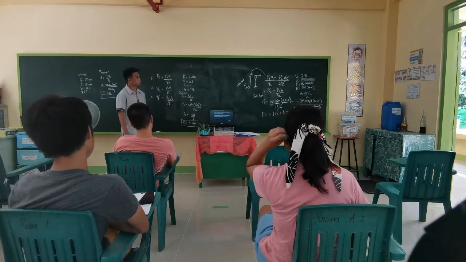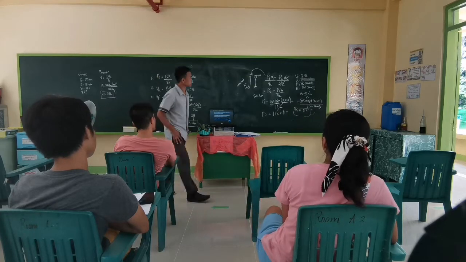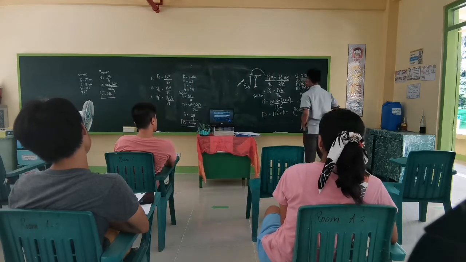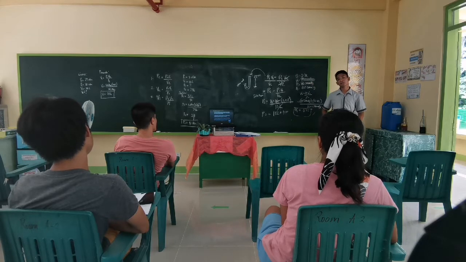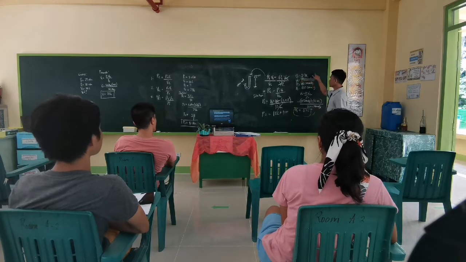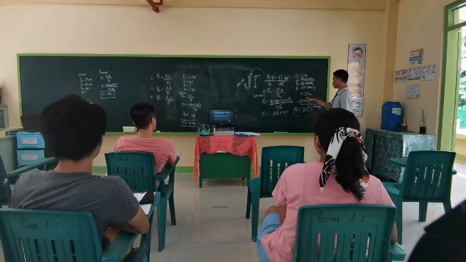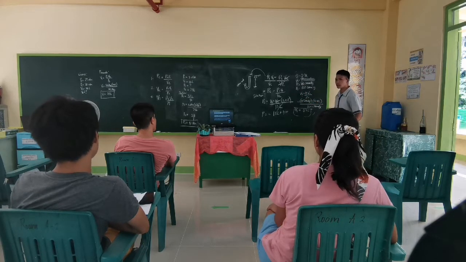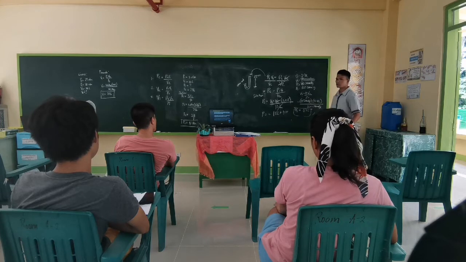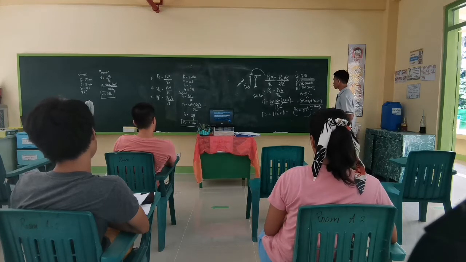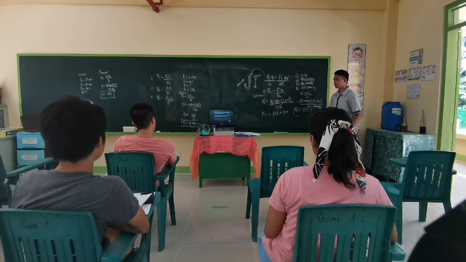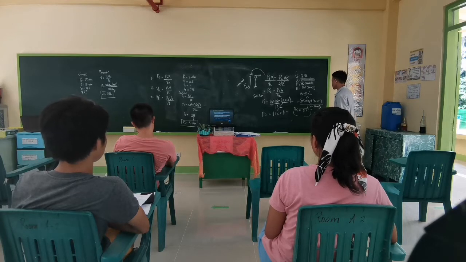How about for number 2? Okay. For number 2, we are looking for the final volume. The final formula is the final volume is equal to initial pressure times initial volume divided by final pressure.